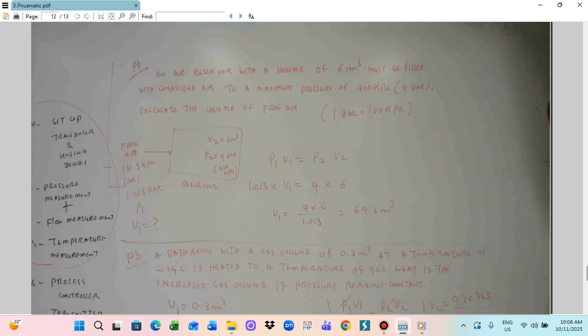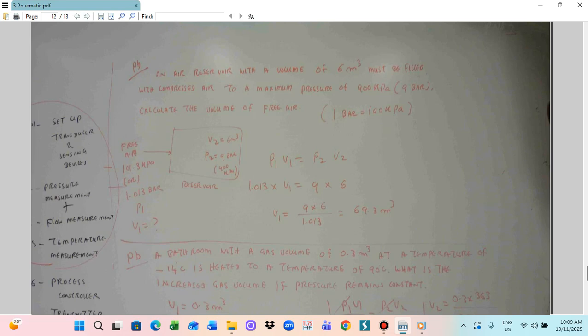So this is for the reservoir. This one is the volume V2, so it is 6 meter cube. And this pressure P2 is 9 bar or 900 kPa. This one is the reservoir. Then this one is to be filled from the outside free air.